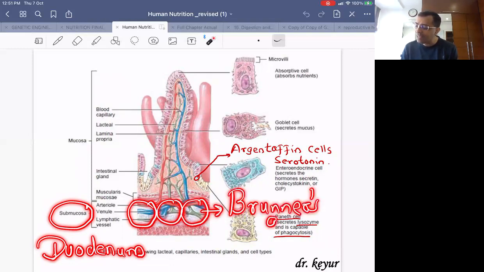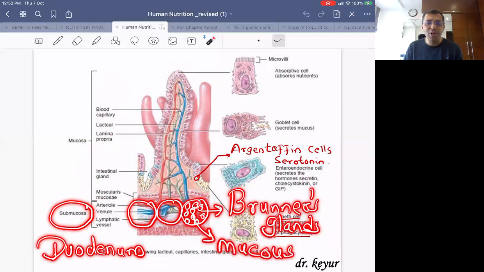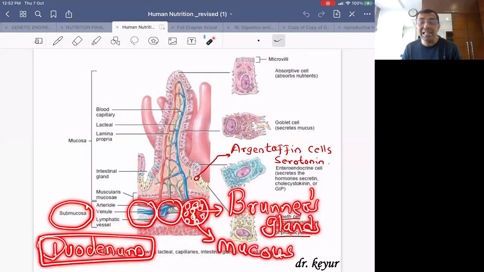These Brunner's glands have goblet cells in them, and goblet cells give out mucus. This mucus makes the pH of the duodenum highly alkaline, because mucus has lots of bicarbonates.